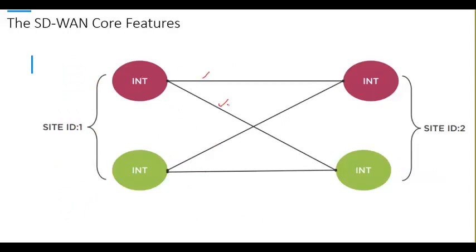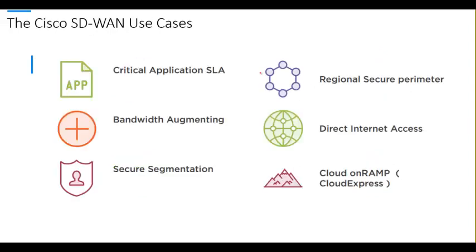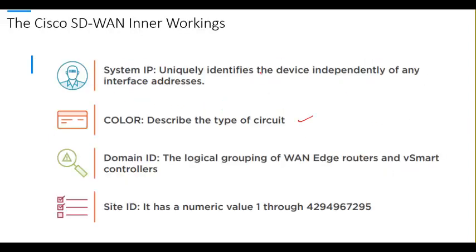This is a different color, this is purple, this is green, to reach sites. So it is the color that is used to determine the type of circuit.